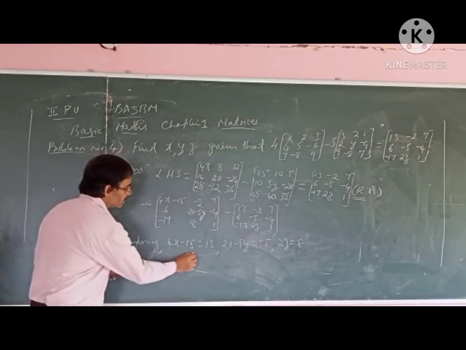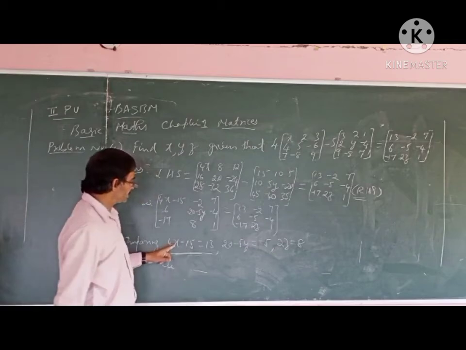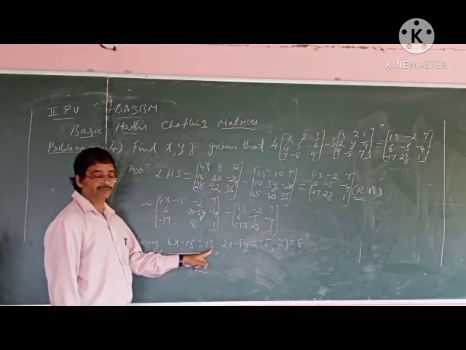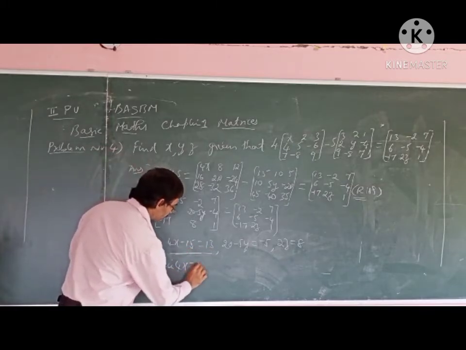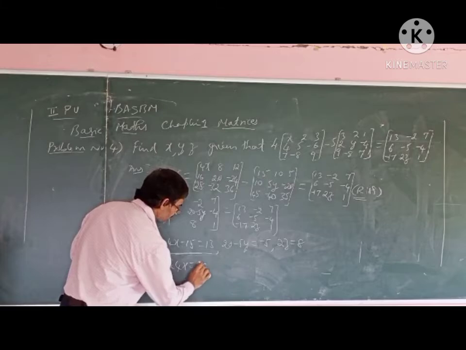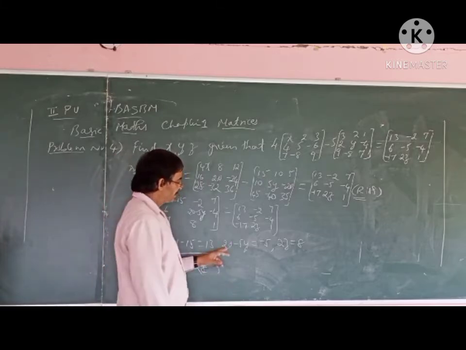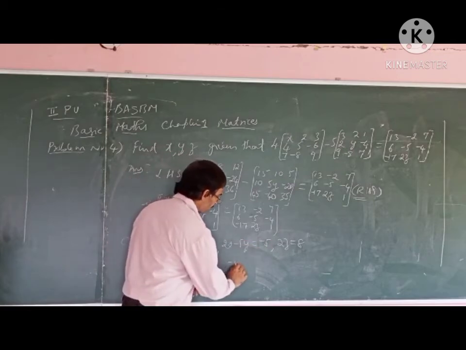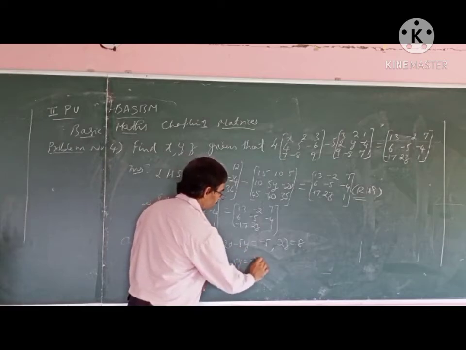First one, 4x minus 15 equal to 13. That will give you 4x equal to 13 plus 15, which is 28. So 4x equal to 28. Here, 20 minus 5y is minus 5. Take this to the other side: minus 5y equal to minus 25.